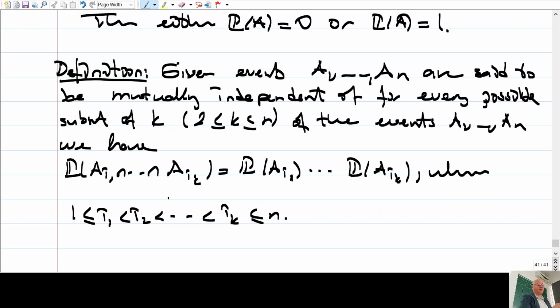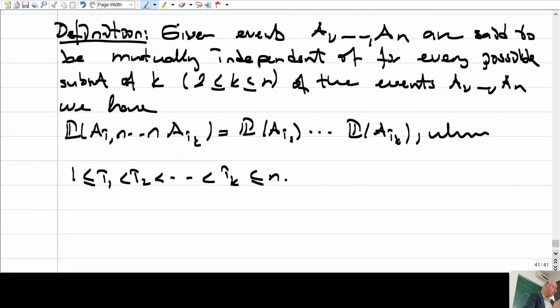The probability of the intersection should be this product for all choices of I1, I2, up to IK between 1 and N. Okay, so this is actually a very strong definition.